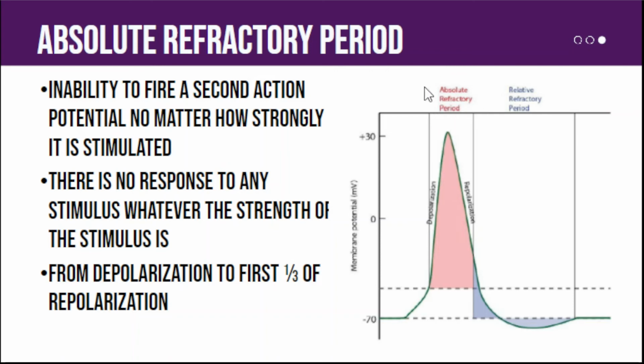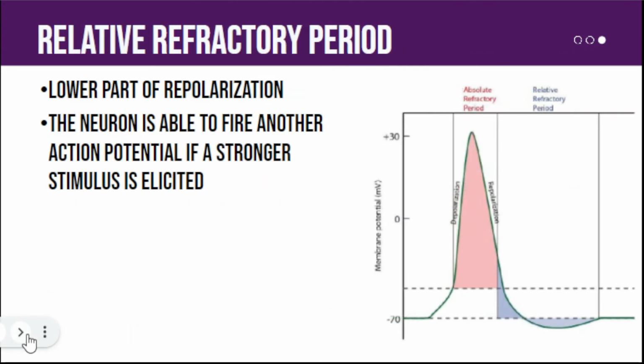At sabi natin kanina, yung type A fibers natin, brief lang yung absolute refractory period nila. While your type C, longest. Kaya yung type C, ang bagal-bagal niya kasi hindi siya kayang makapagbigay ng action potential ng sunod-sunod. Okay? So, the next here is your relative refractory period. Nagsisimula naman yan from the second, third, until yung dulo ng hyperpolarization mo.